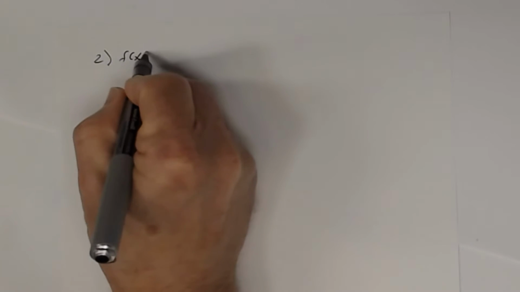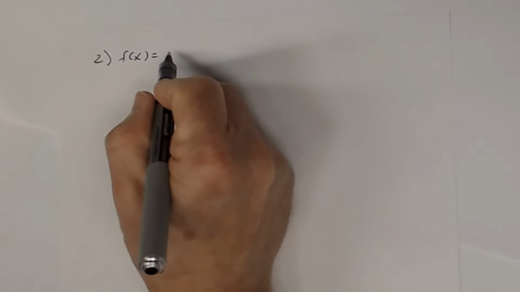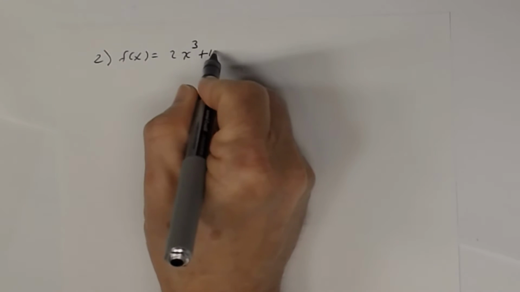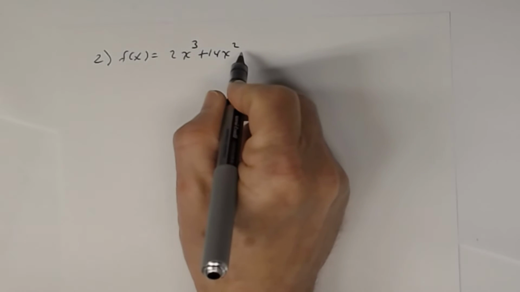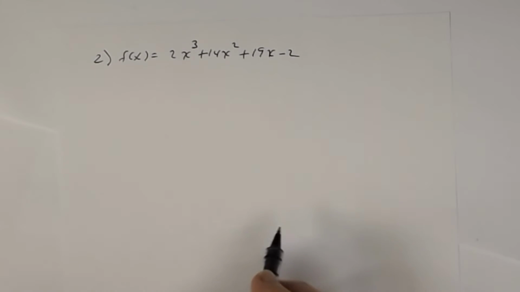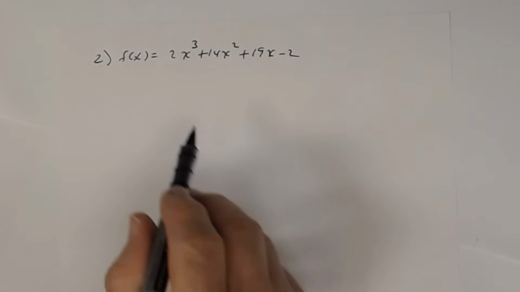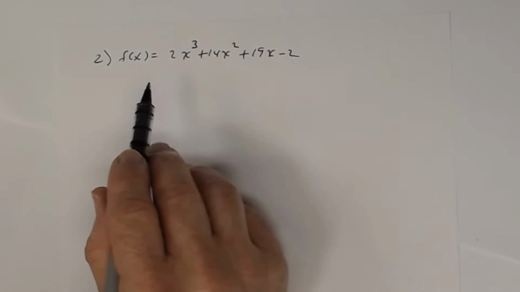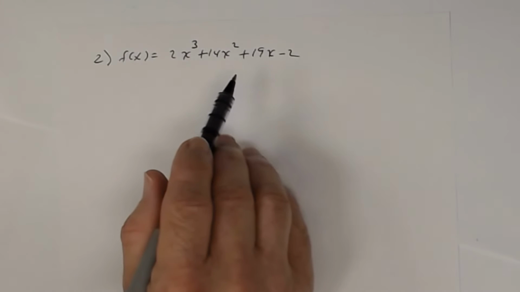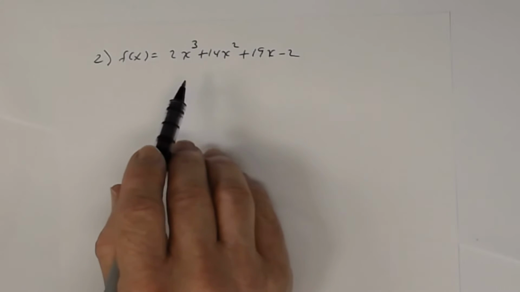Let's suppose this time the function is f of x equals 2x cubed plus 14x squared plus 19x minus 2. And we want to find all zeros, whether they're real or non-real.